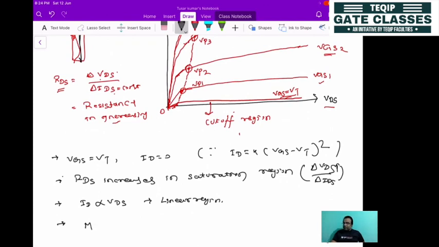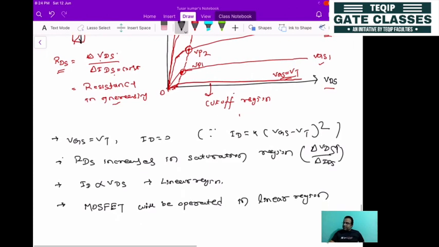So the MOSFET will be operated in the linear region for switching action.